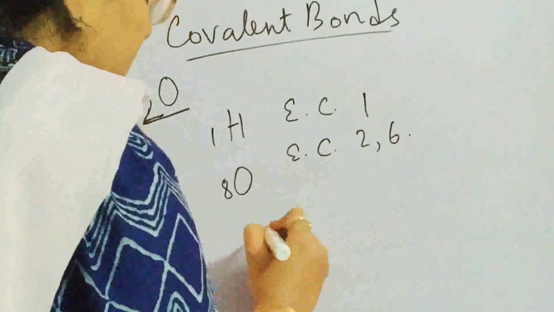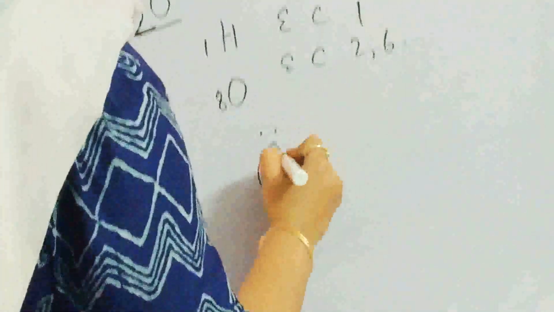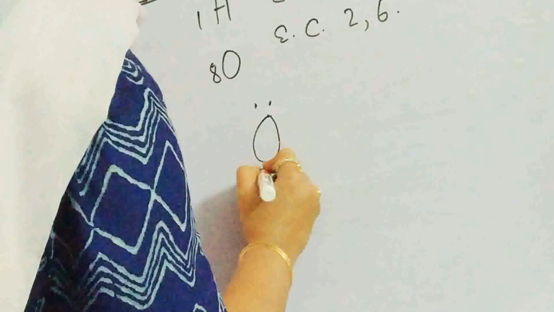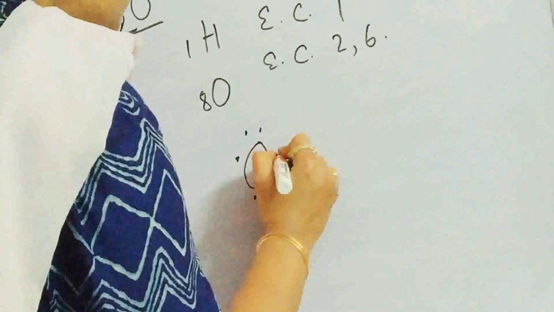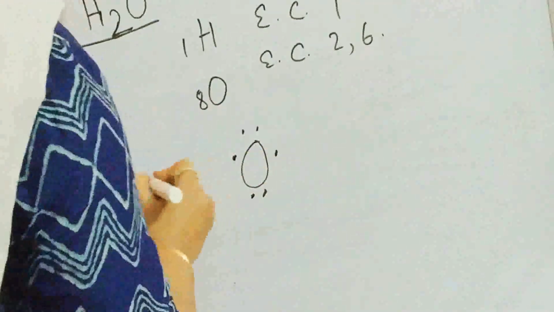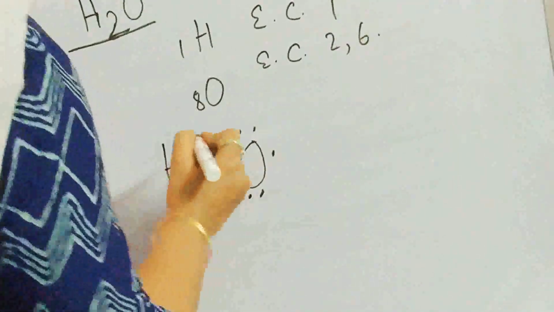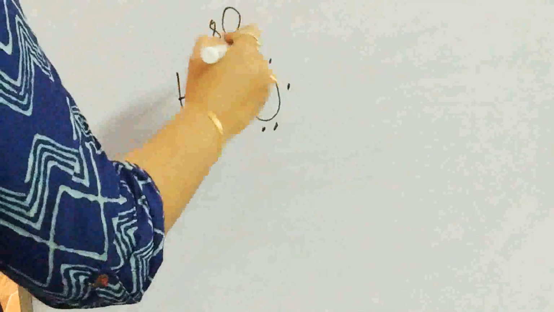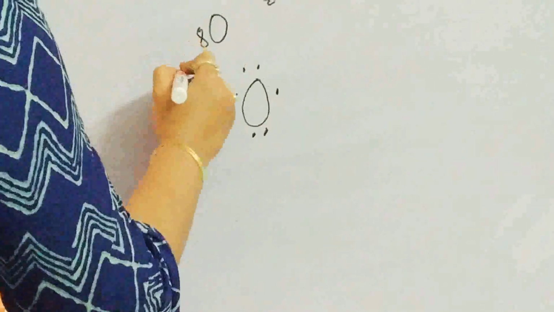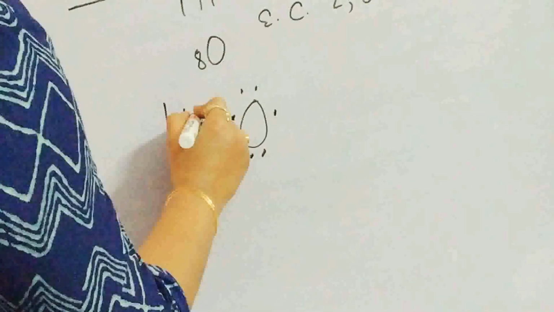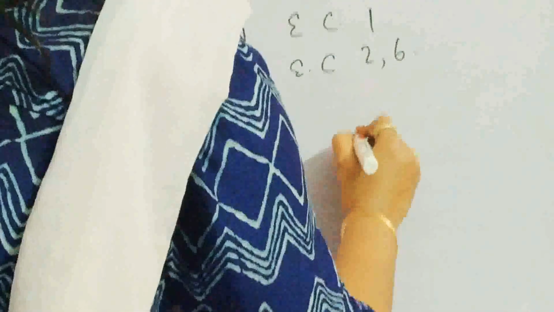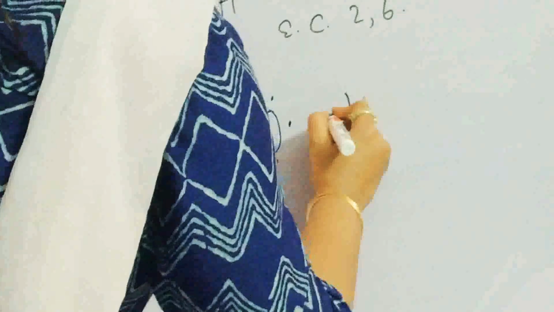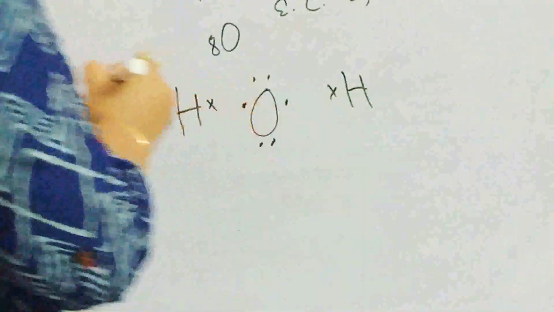Oxygen has 6 electrons in the outermost shell. Hydrogen's electron will have a different symbol from that of oxygen, so I am representing it by putting one cross sign, and another cross sign for the other hydrogen atom.